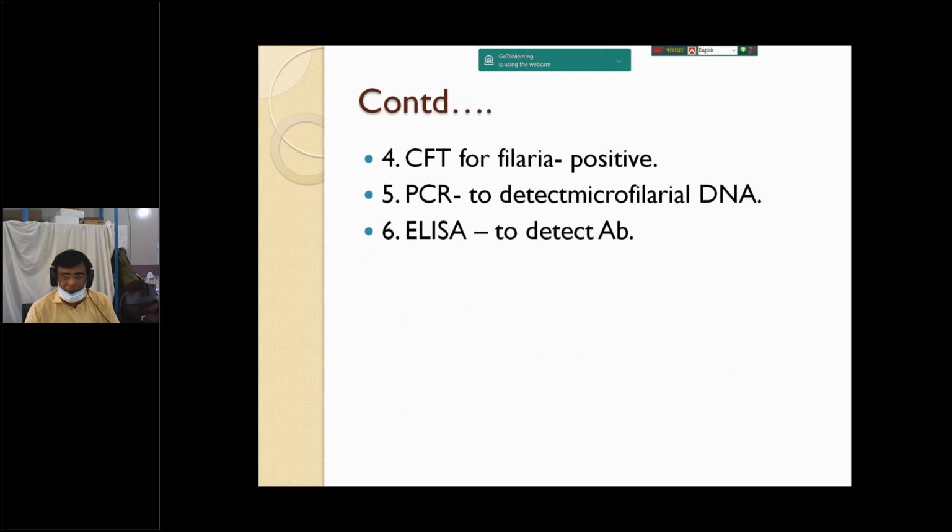And CFT for filaria is positive, but this test is not in practice nowadays. PCR, a recently introduced investigation to detect microfilarial DNA, and ELISA to detect antibody.